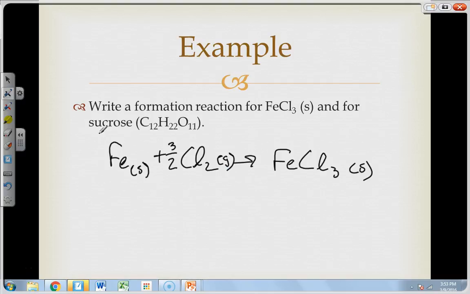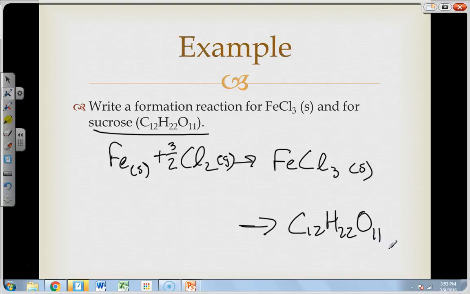What about for sucrose? Sucrose, table sugar. So again, we're going to make sucrose, C12H22O11. So again, it's carbon, solid, but it's solid graphite. It's not solid diamond. There's even something called buckyballs, Buckminster fullerene.